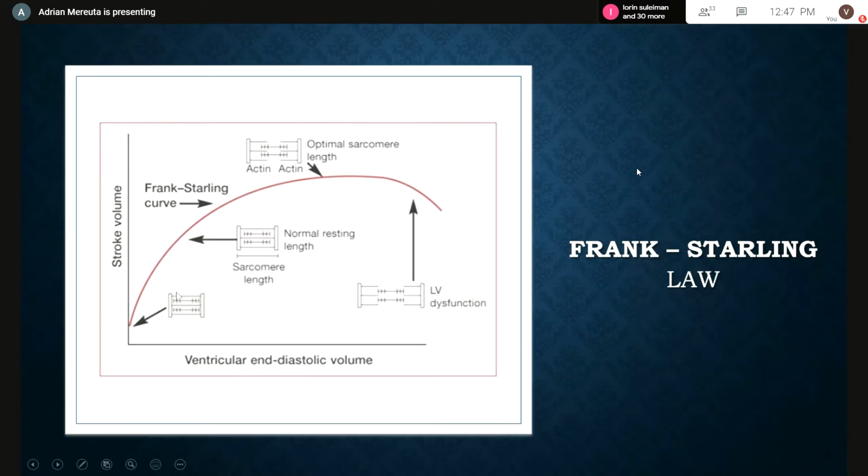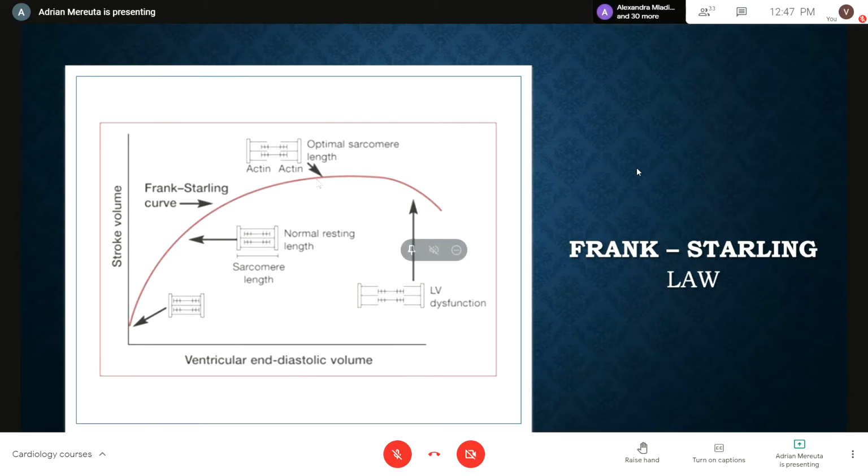That means that because the diastole will be longer, the ventricle will be better filled, and the force of the ventricle will be increased. For this reason, the systolic output will be increased. And because of this increased systolic output, the systolic pressure will be higher than normal. Okay, that's explained.